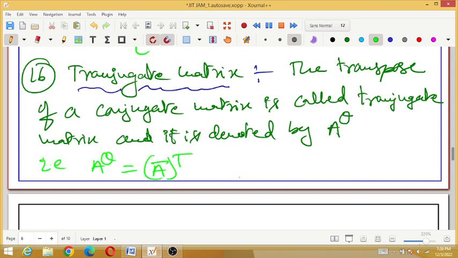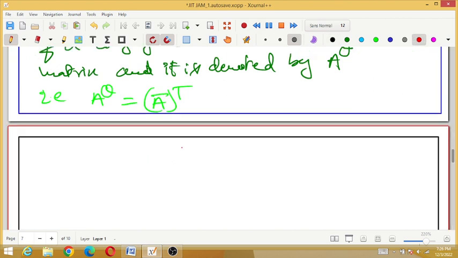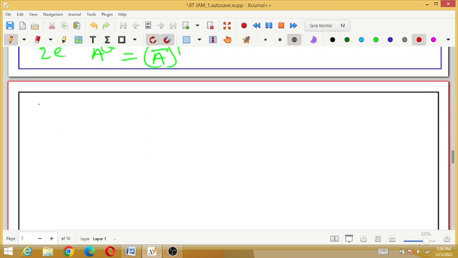Now we will discuss some important results of orthogonal matrix. This is very important, orthogonal matrix.